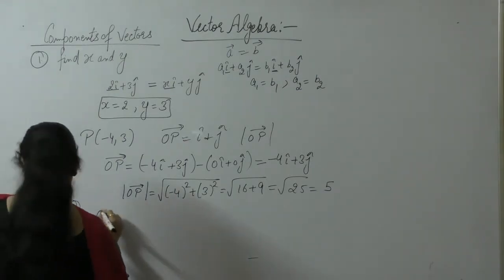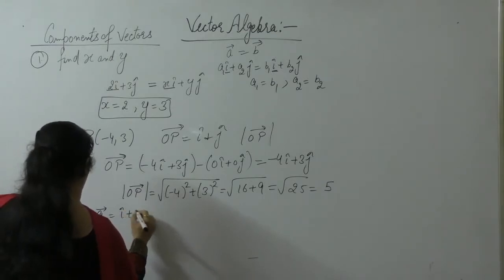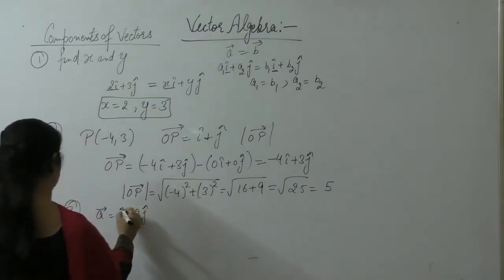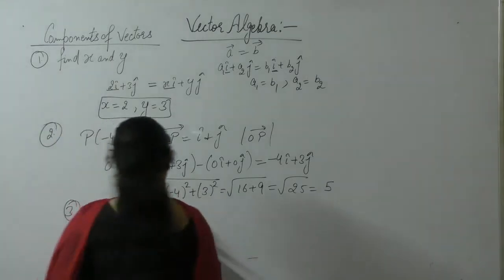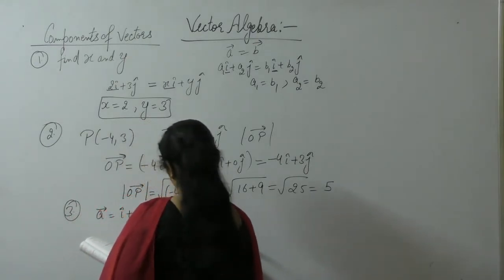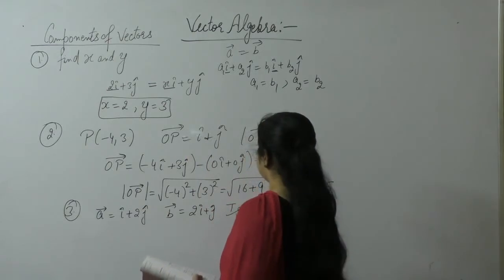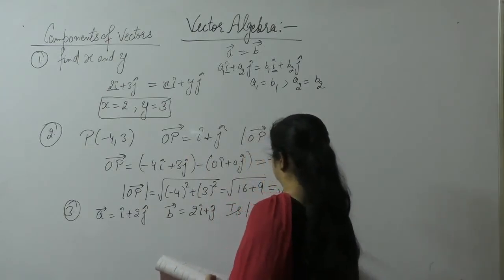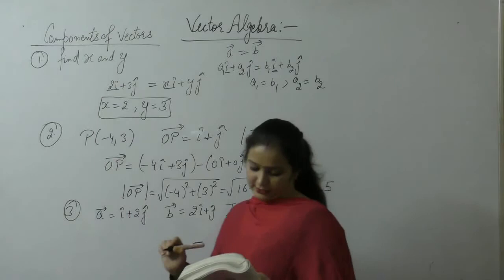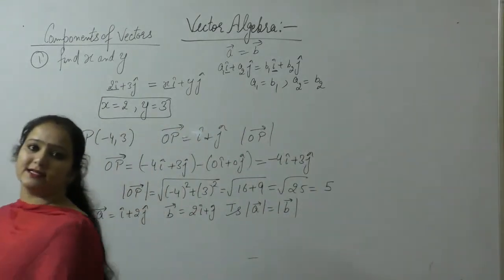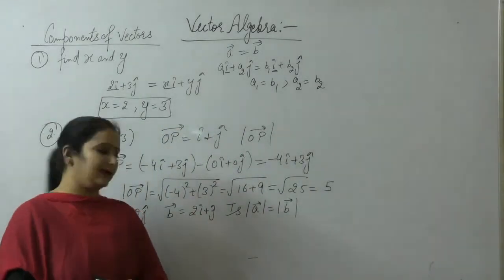Let A vector be equal to i cap plus 2j cap and B vector be equal to 2i cap plus j cap. Is the magnitude of vector A equal to the magnitude of vector B? Are the vectors A and B equal?